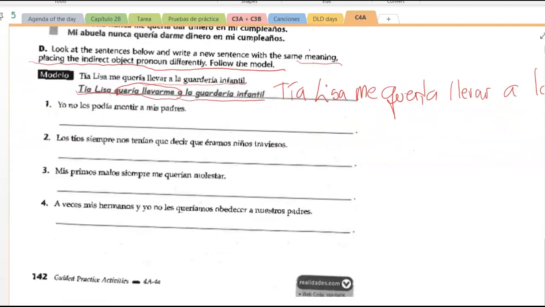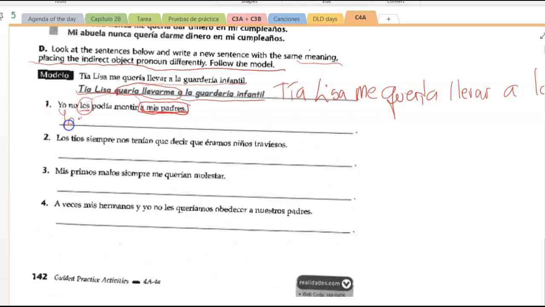So let's do number one together. Yo no les podía mentir a mis padres. Who is the indirect object noun? Who's receiving the action? A mis padres. Let's underline it. A mis padres. What's the pronoun? Les, right? And you have it here. Les podía mentir a mis padres. Let's place it at the end.